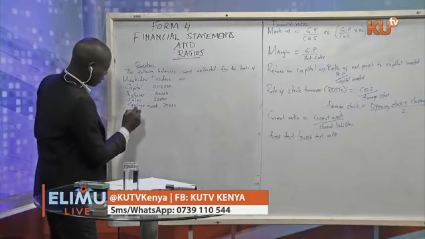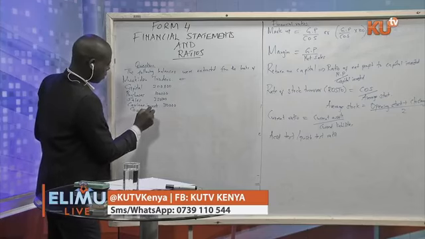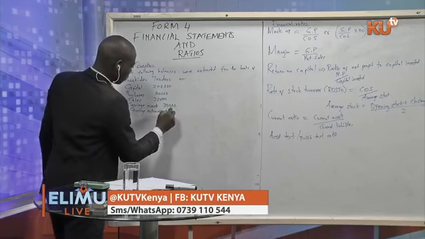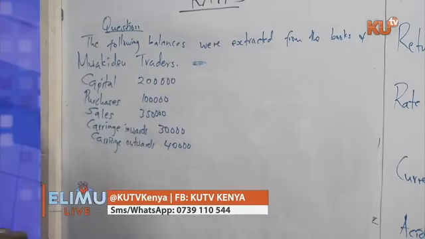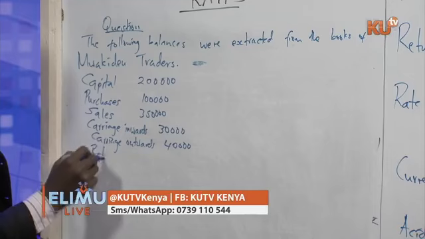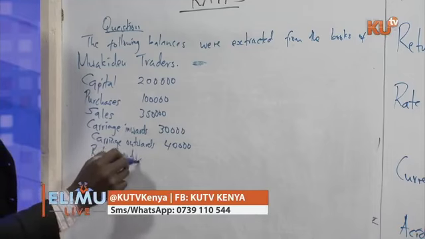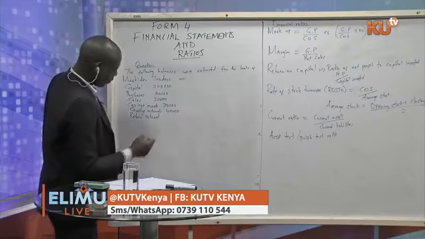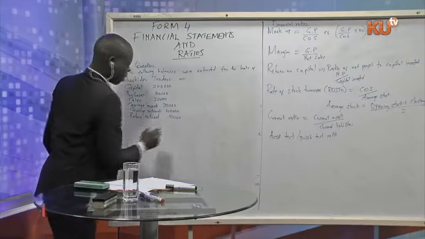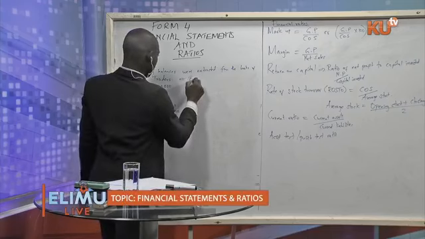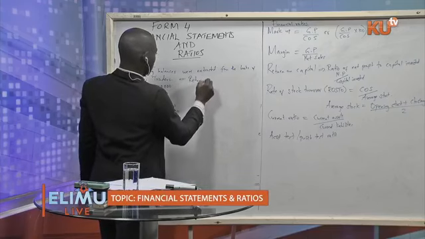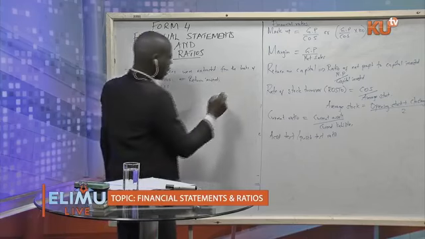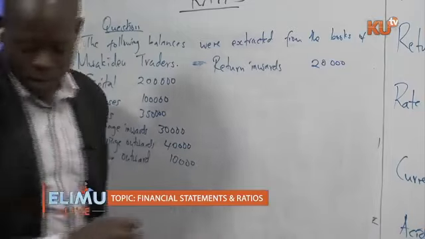We have carriage outward given as 40,000. We have return outward. Remember, return outward means purchases returns, and that's given as 10,000. We have return inwards given as 20,000.